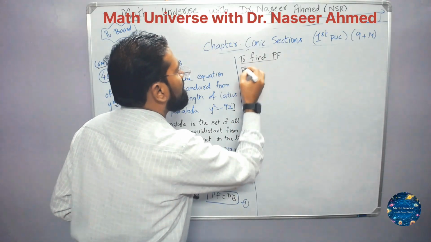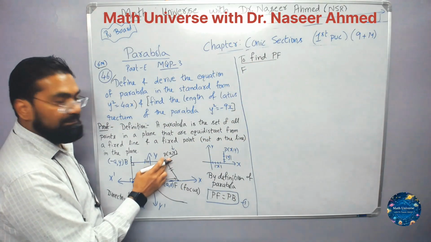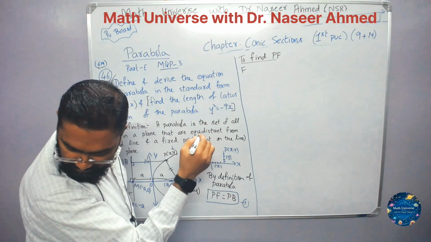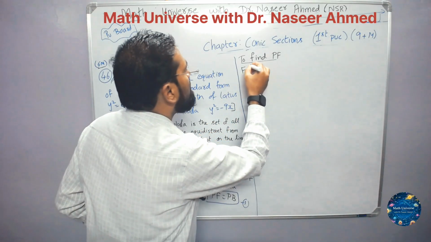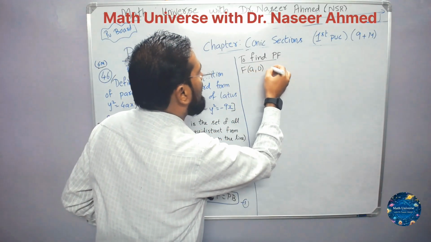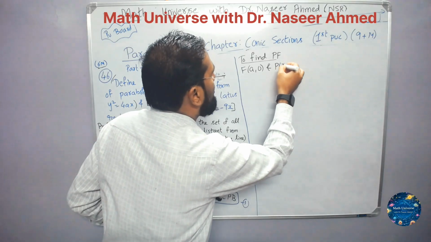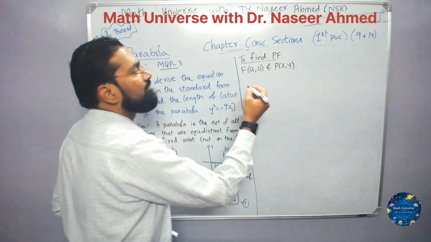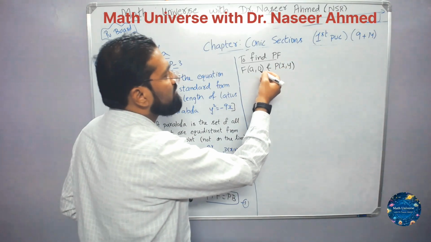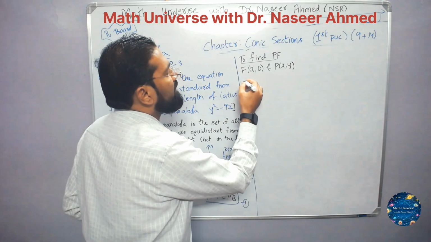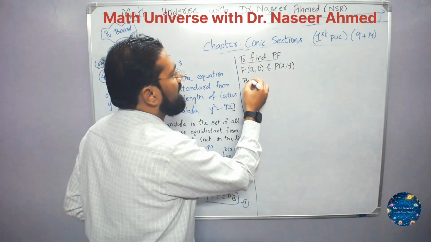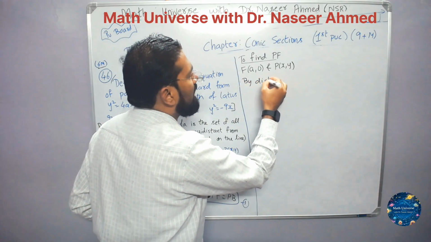What is F? We have a comma 0, and P is x comma y. Okay, so now we have to go for the distance formula. So recall what is the distance formula.